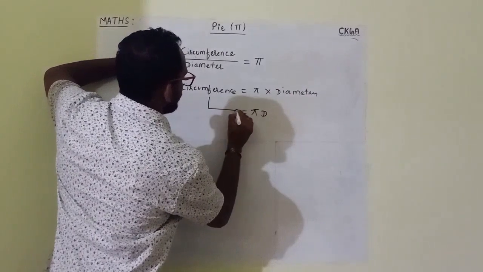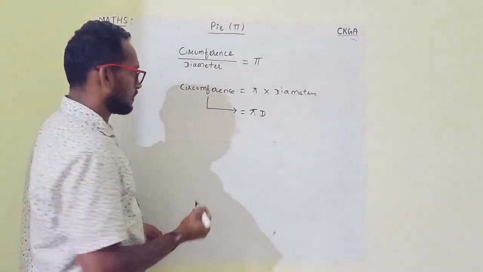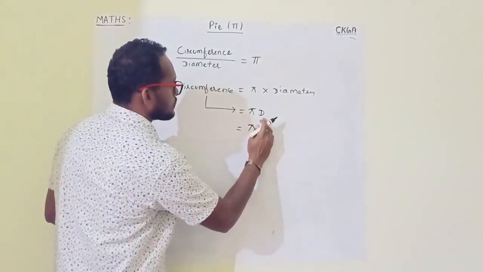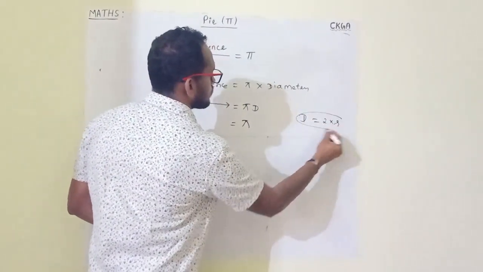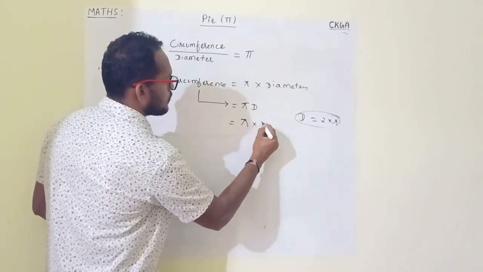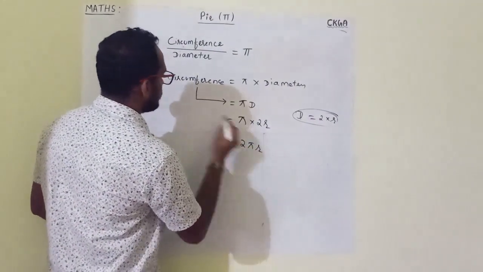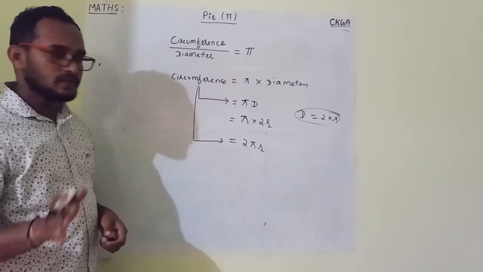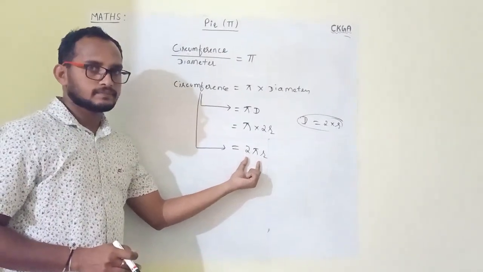What is the formula to find circumference? It is pi d. Expanding, d can be written as twice the radius, so pi into 2r. Finally, 2 pi r. Therefore the formula to find the circumference of the circle is 2 pi r.